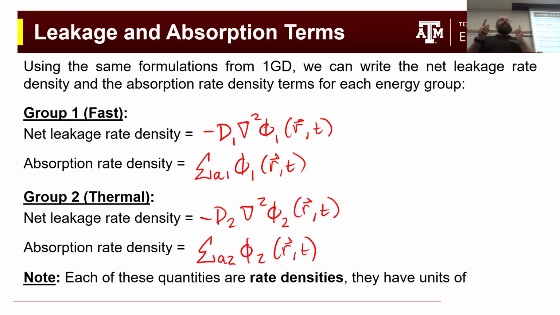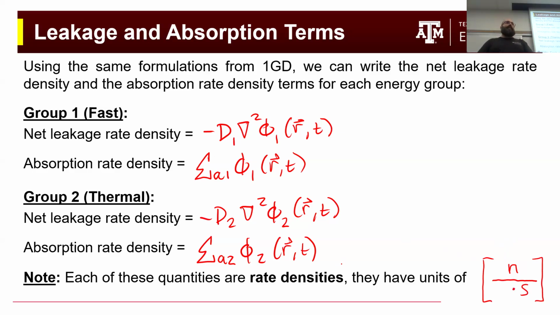And these are all rate densities. So what are the units of all of these terms going to look like if it's a neutron rate density? They all have neutrons in the top, and it's a rate, so that means it's per unit time, so I'm going to have units of seconds in the bottom.